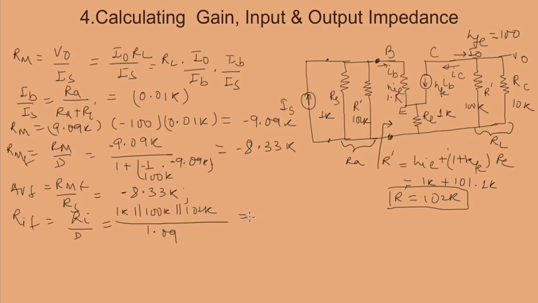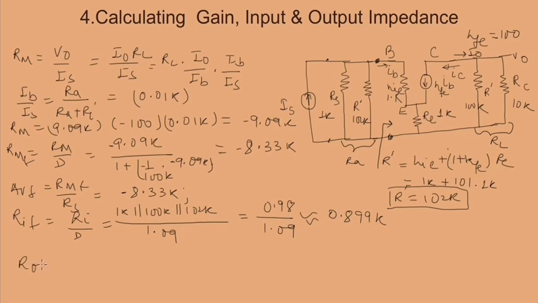This gives us a value of Ri as 0.98 divided by 1.09, which gives us 0.899K, that is 899 ohms, right?